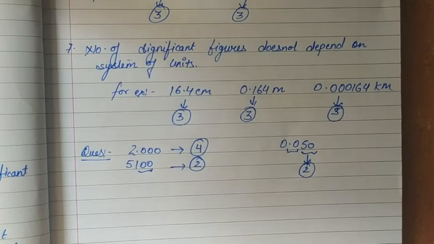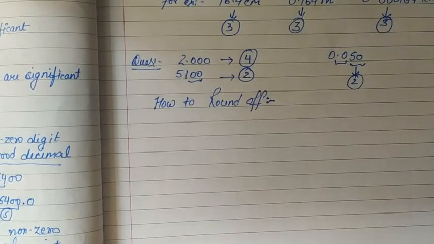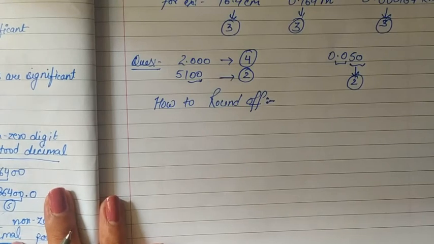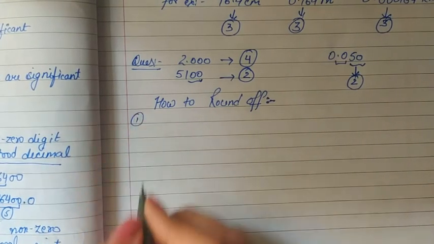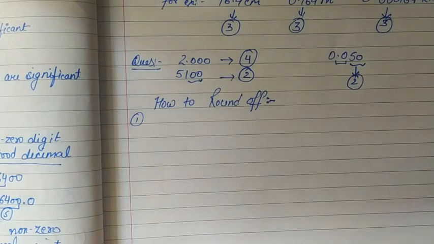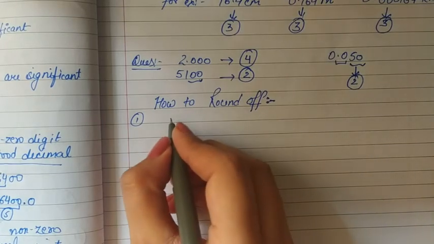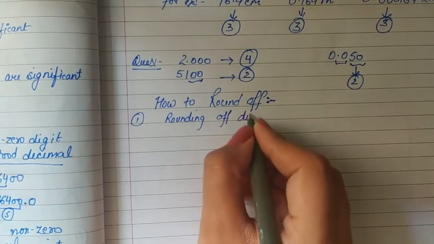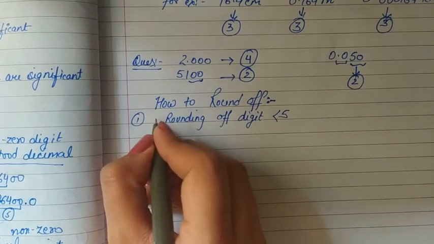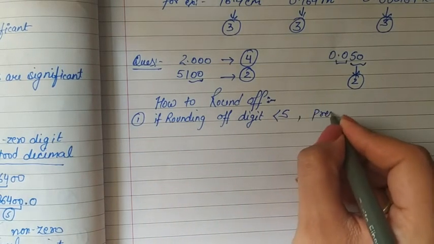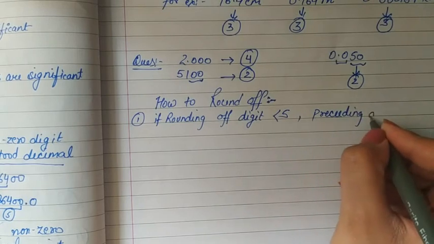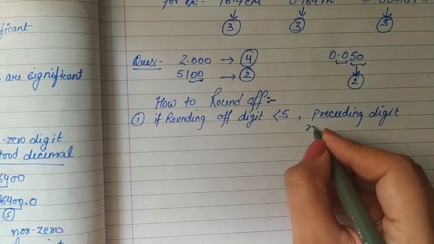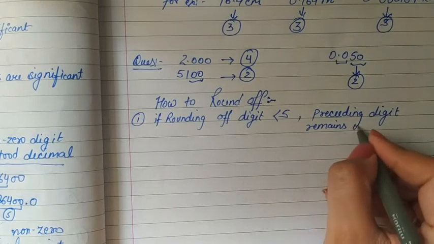Now, in short, I also want to tell you how to round off our measured value. There are some rules that we have to remember when rounding off a measured value. First, if the digit we are dropping is smaller than 5, then the preceding digit is left unchanged. Means if the rounding digit is less than 5, the preceding digit remains unchanged.